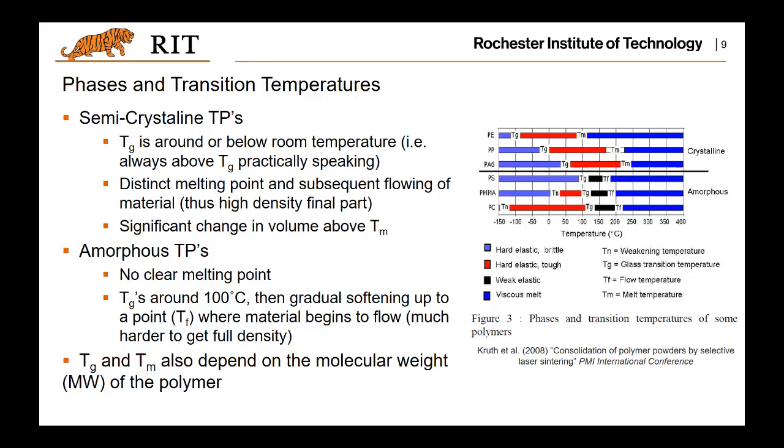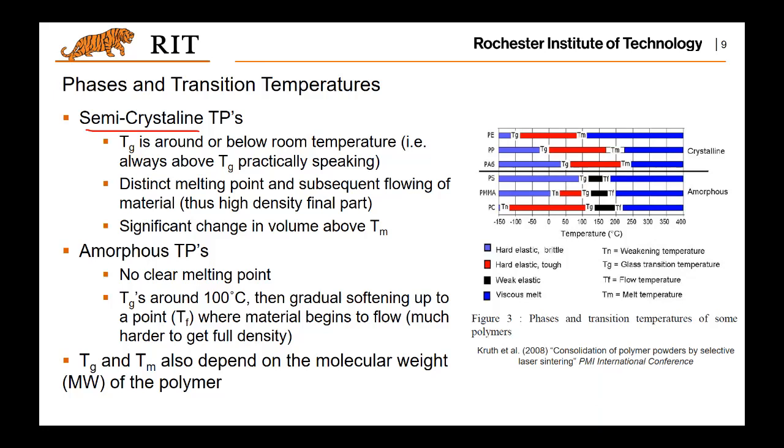But for the amorphous thermoplastic, there's no clear melting point. And the glass transition temperature is around 100 degrees Celsius, which is really high compared to the semi-crystalline thermoplastic.